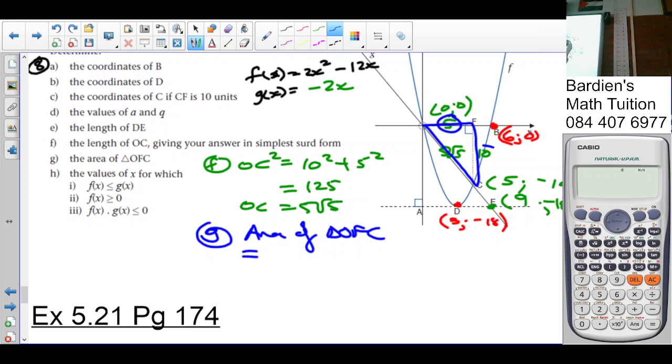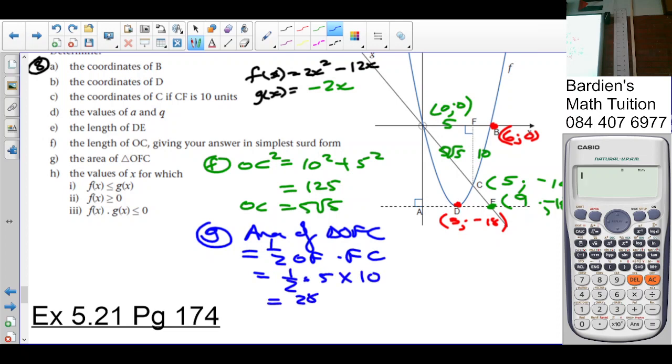What's the perpendicular height? 10. Or it could have been a base of 10 and a perpendicular height of 5, whichever way you look at that triangle. So it's going to be half OF times FC, so half times 5 times 10, which is 25 units squared.